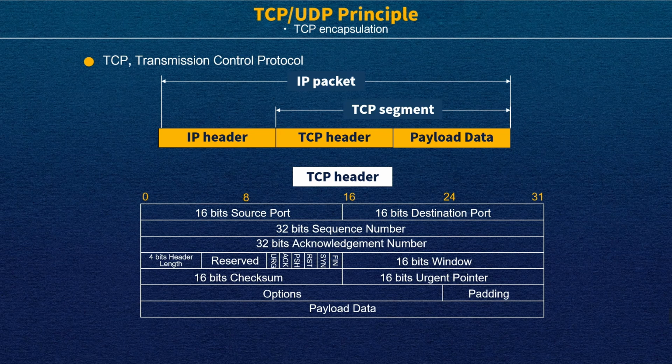And the next part is the 16-bit checksum, used to detect whether the information is correct or not. And the other fields we can skip. So about this part, the key points are the source port number, destination port number, the sequence number, and the window size. So this is a TCP header.